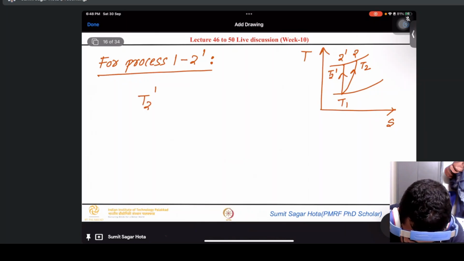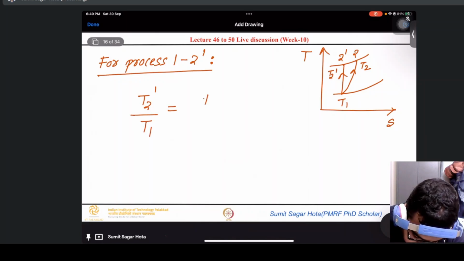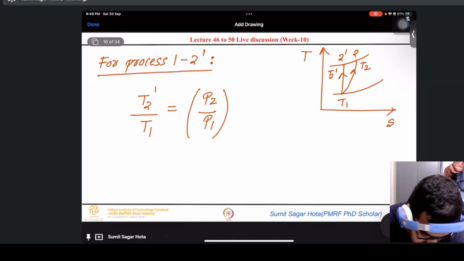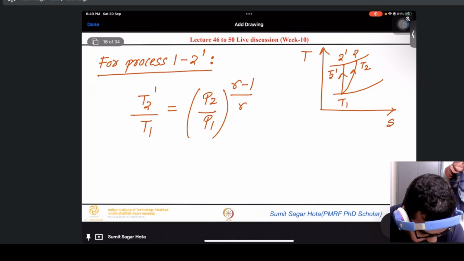T2 dash divided by T1 is equal to P2 by P1 to the power gamma minus 1 by gamma.